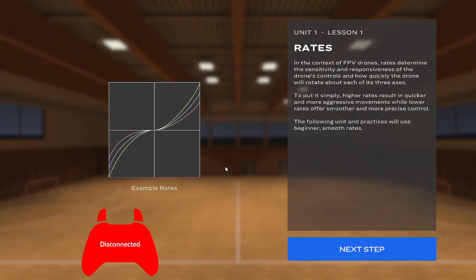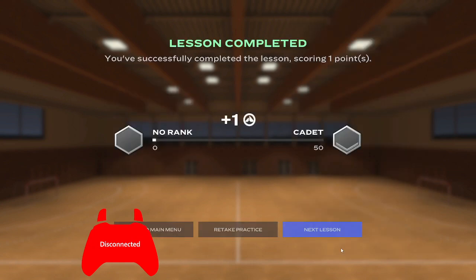Anyhow, to put it simply, higher rates result in quicker and more aggressive movement, while lower rates offer smoother and more precise control. The following unit and practices will use beginner smooth rates. Okay. Lesson 1 completed. You've successfully completed the lesson, scoring 1 point. Alright.